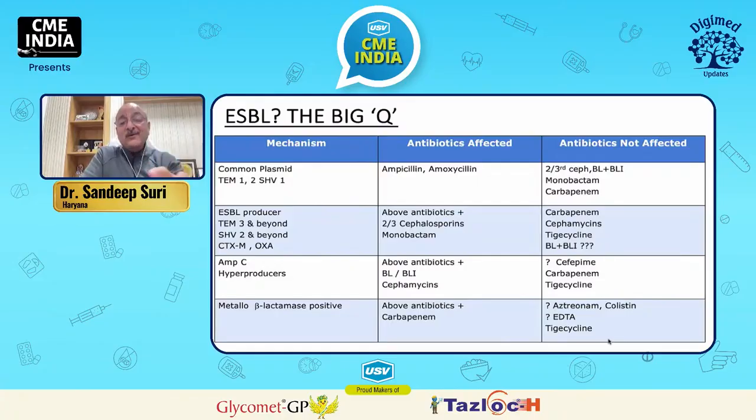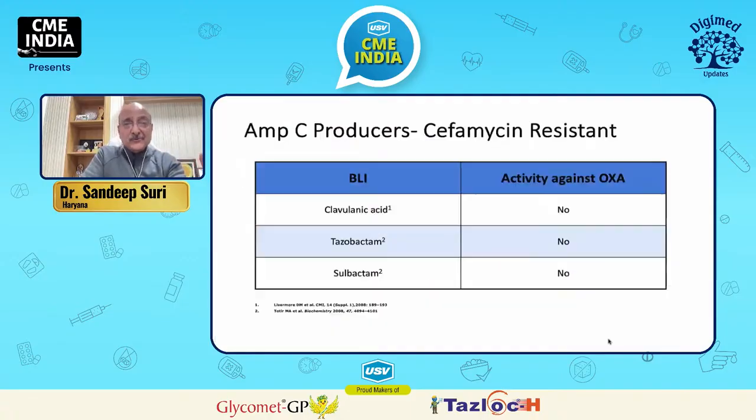So you will be relying on very few options, either aztreonam, colistin, or EDTA-related molecules like ceftriaxone with EDTA, cefepime with EDTA, or tigecycline, they may be helpful to you.